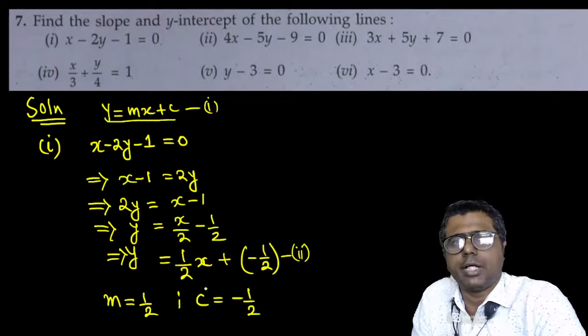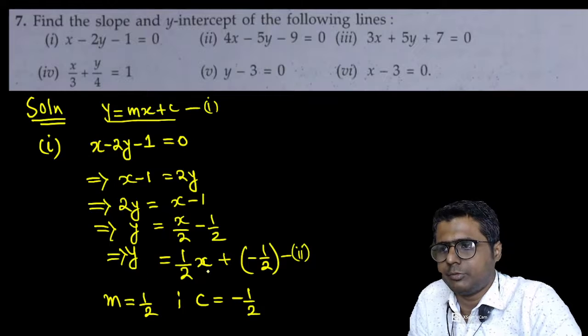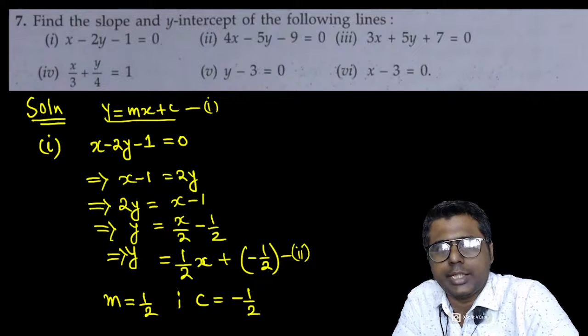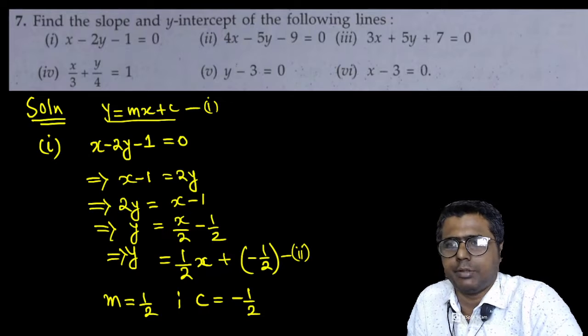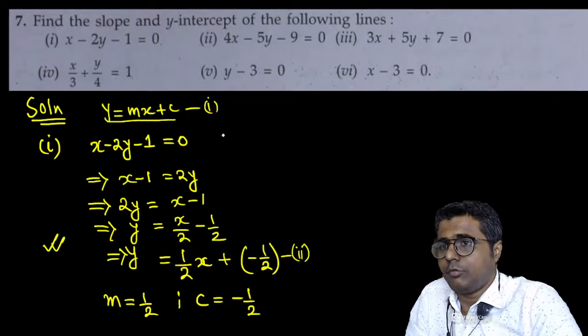You can also find out y-intercept by putting x is equal to 0. In this equation, if you put x is equal to 0, y will come out to be minus half. That type of methodology can also be used and is preferable from my point of view. However, for doing the problems in a faster fashion, this method is useful. We'll go for now number 4.